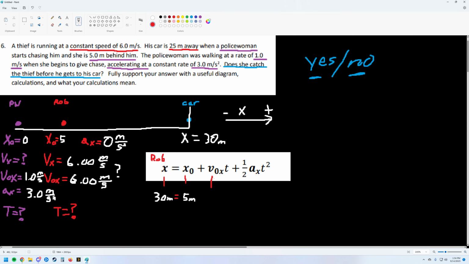His initial velocity of x, right, is going to be 6.00 meters per second. And that's going to be times time.